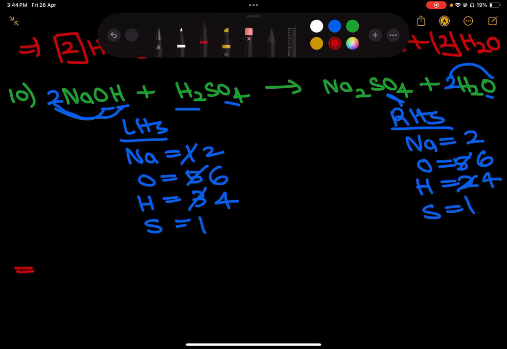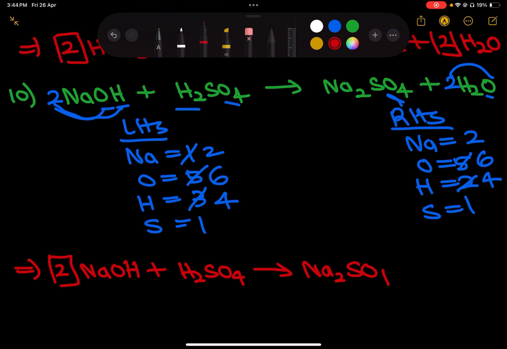Okay, so we'll get the answer: 2 NaOH plus H2SO4 gives Na2SO4 plus 2H2O.